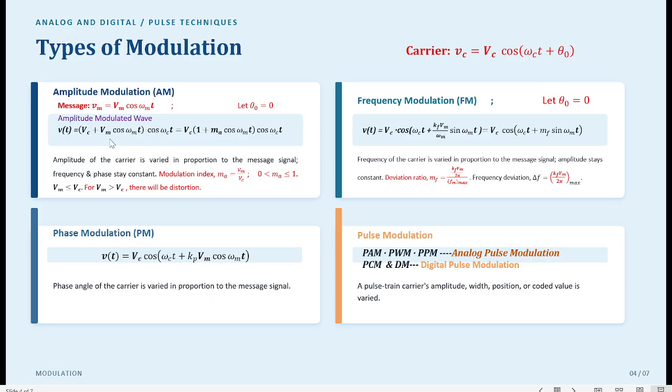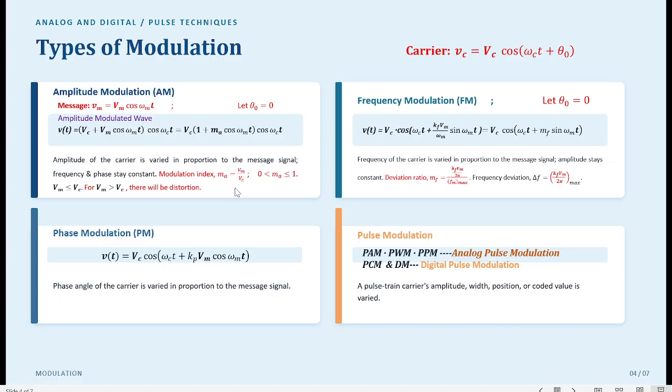So the amplitude of the carrier varies with time in accordance with the instantaneous value of the modulating signal. Here another important factor is MA, which is known as the modulation index or depth of modulation. The amplitude of the carrier is varied in proportion to the message signal, while frequency and phase remain constant.